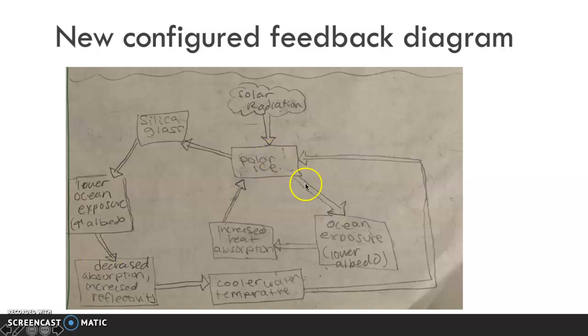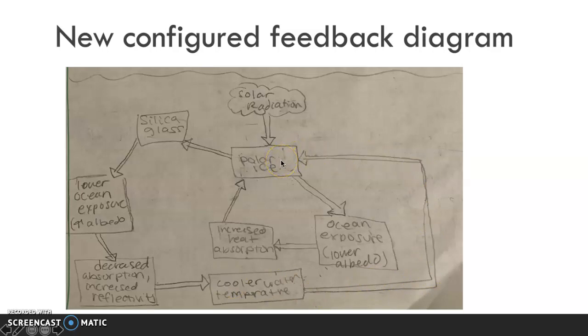So as you can see, this small triangle is the same as it would have been before, but then added in with the silica glass it leads to lower exposure, which is a higher albedo, lower exposed ocean water, which then leads to decreased absorption, so increased reflectivity of the solar radiation, which then would lead to cooler water temperatures, which would then not continue the melting of the polar ice.